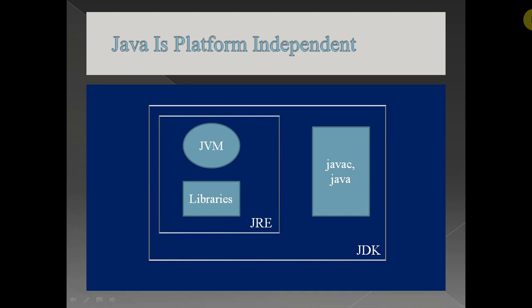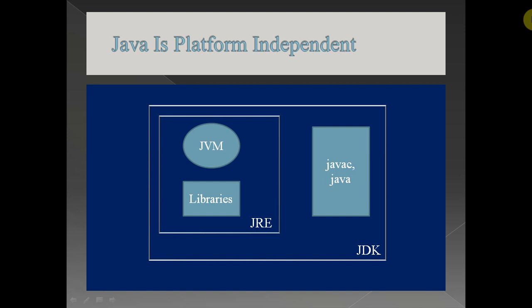But now the question is that bytecode is platform independent, but is JVM also platform independent? No, the answer is no. JVM is not platform independent. JVM should have the knowledge about the hardware of your computer, of your platform, or the configuration of the machine. If JVM is not aware of the configuration of the machine, JVM cannot convert the bytecode into machine executable code.